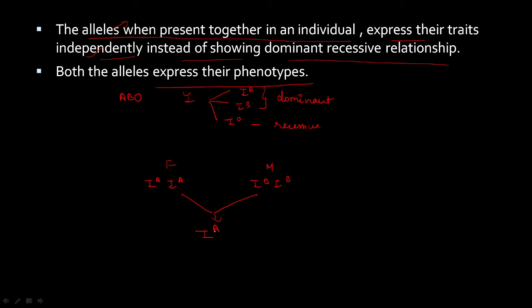What you can say here, the blood group is AB, right? Because both the alleles are dominant, so both are showing their traits. So here the blood group is what? The blood group is AB. Guys, is it clear to you? So this is codominance. Okay.